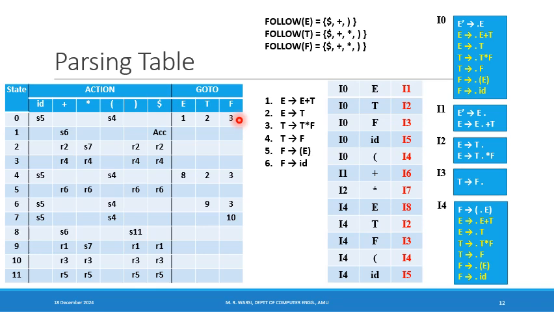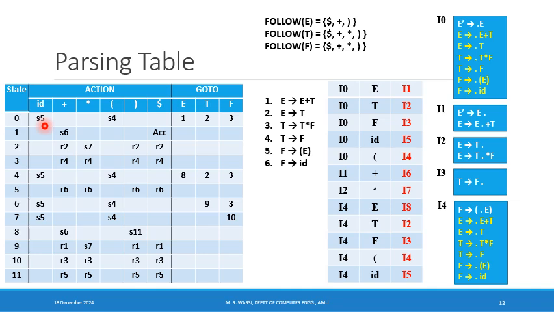Let's take another transition from state number 0. From state number 0 on identifier, we are going to state number 5. Since this transition is on a terminal symbol, it will give rise to a shift operation in the parsing table. So 0 comma identifier is shift, and since we are going to state number 5, it is going to be S5.